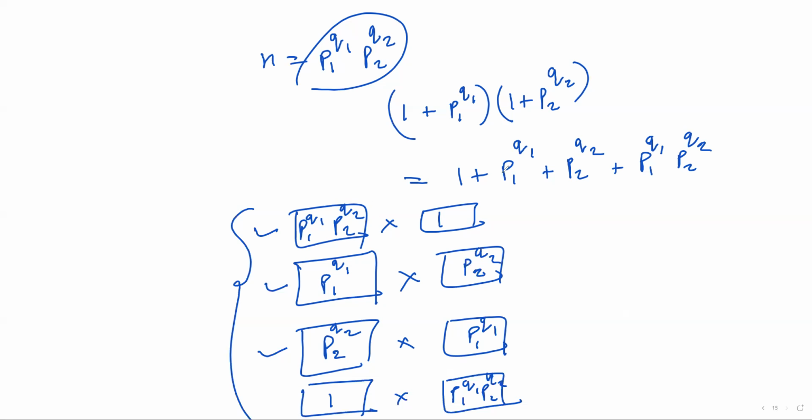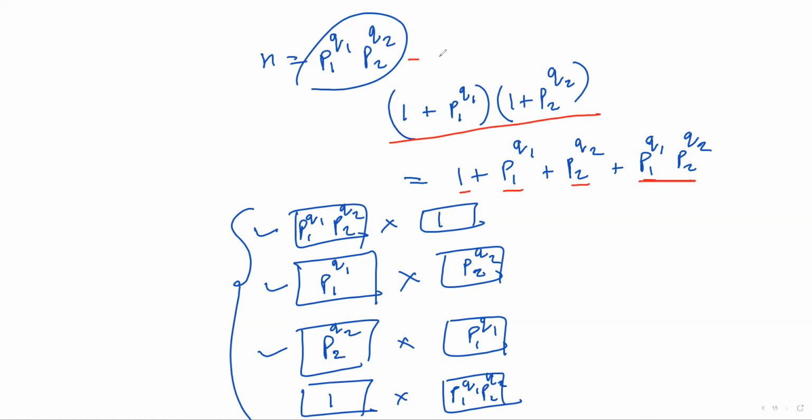So where did the 4 come from? You should be able to see that the choices in the first box are exactly these 4 guys. And who are these 4 guys? They are the terms in the expansion of this product. And this is going to happen even for a bigger number of prime factors.